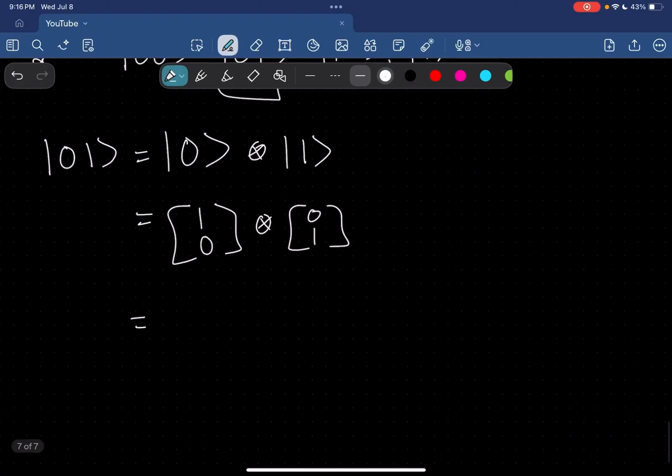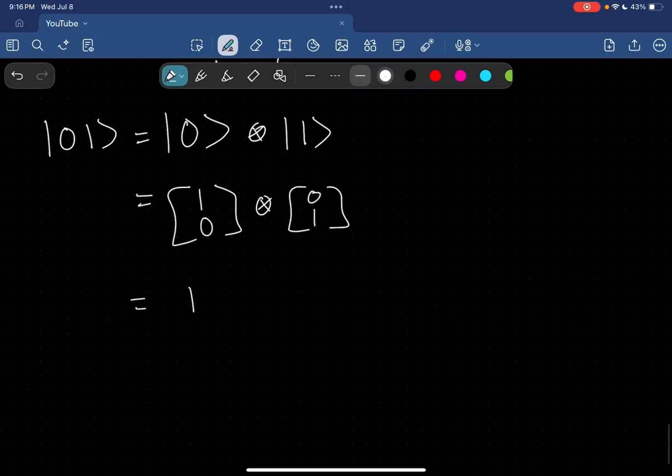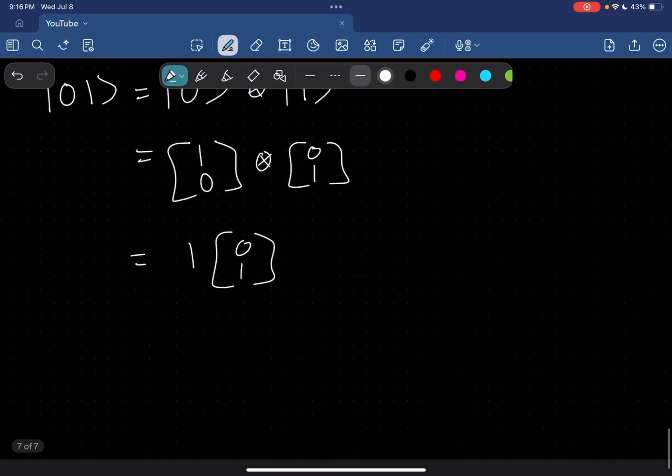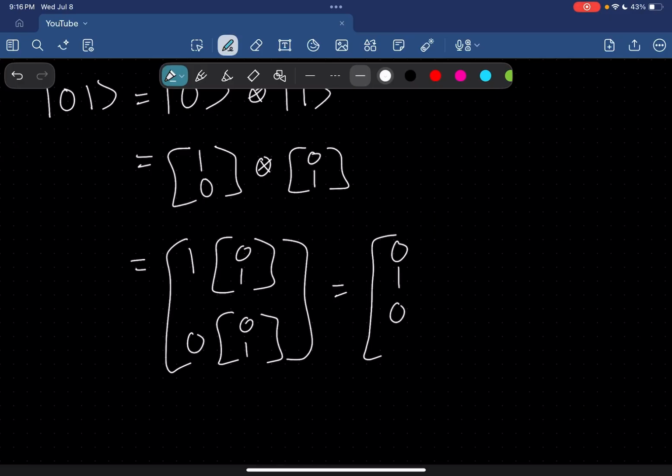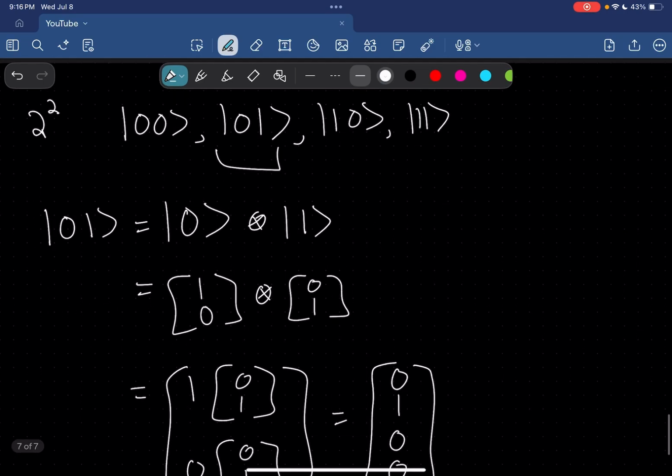Using the definition of the tensor product, all we have to do is expand. This will give us a 4-dimensional vector: 0, 1, 0, 0. That's just how tensor products work.